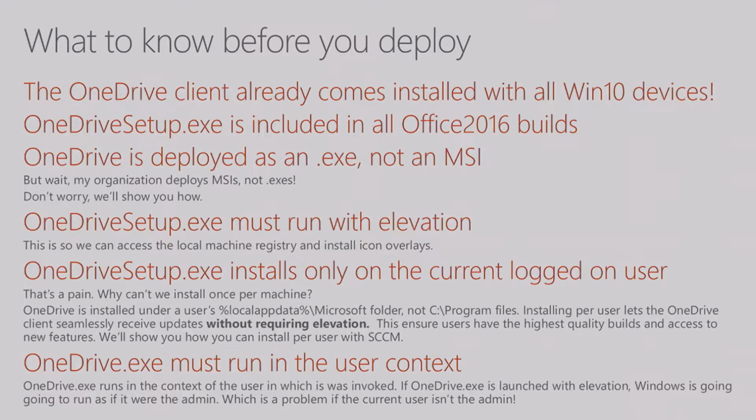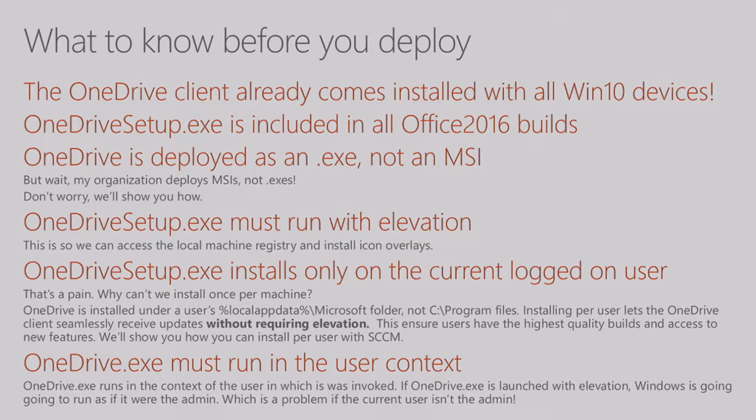If you remember in my little mini demo here, I had settings files and log files for each user OneDrive was installed under. And so OneDrive runs in the context of the user process that invoked it. And so this is a Windows system. And so if OneDrive is run elevated with admin privileges, OneDrive is going to think it needs to run as the admin user.